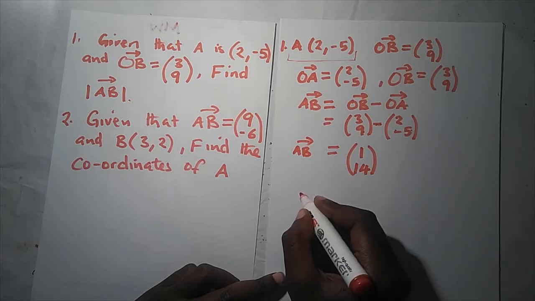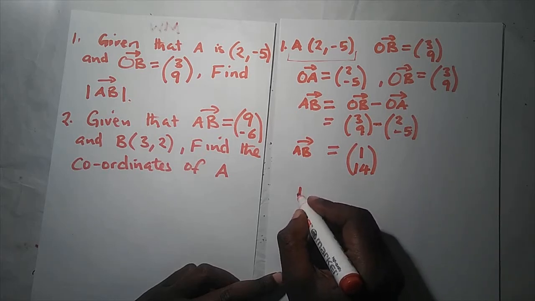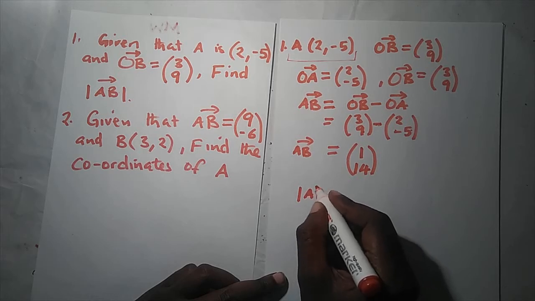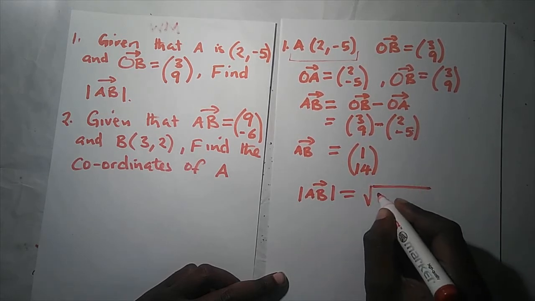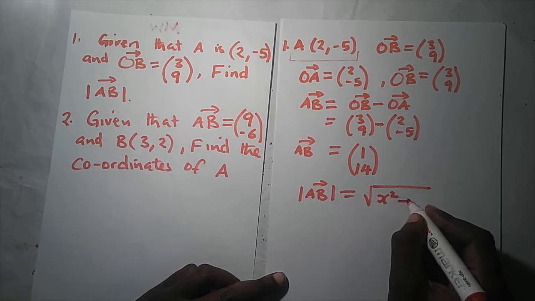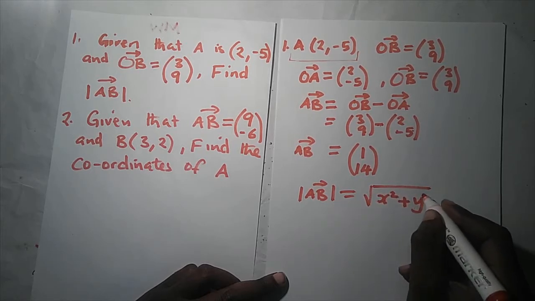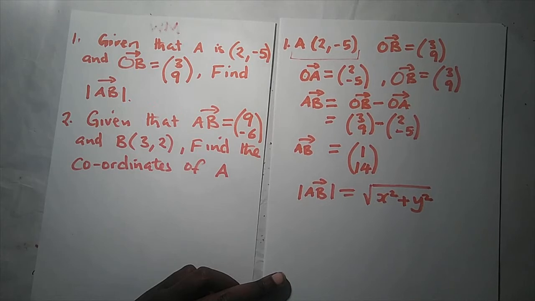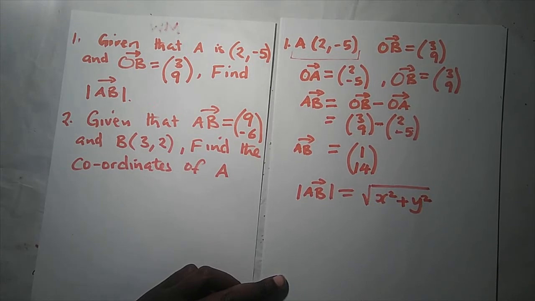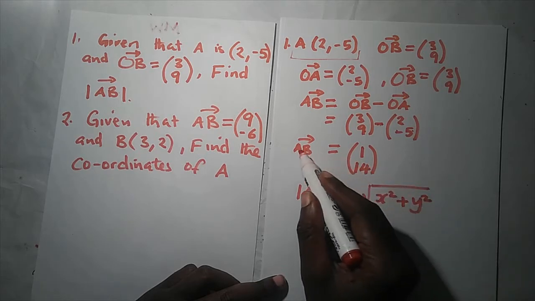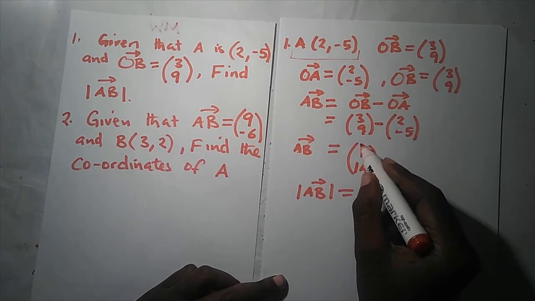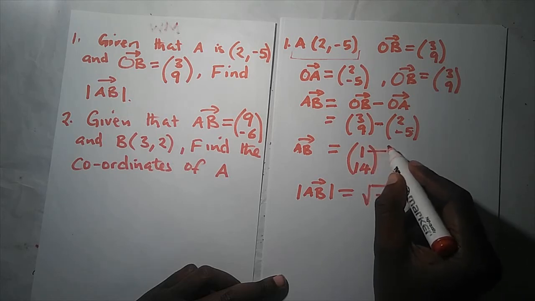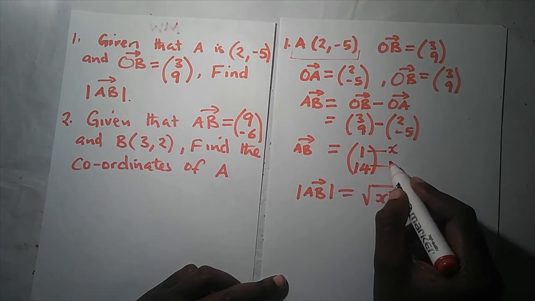So the formula for the length of a vector, or the magnitude of a vector, is given by the square root of x squared plus y squared. Sometimes, like in this case, we'll need to use our calculators. So here, when you look at our vector for AB, the one that you are seeing here is the x value, and the 14 is the y value.